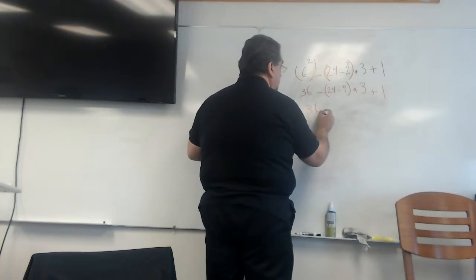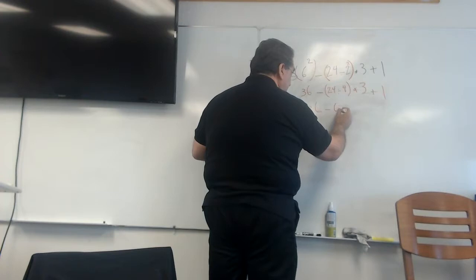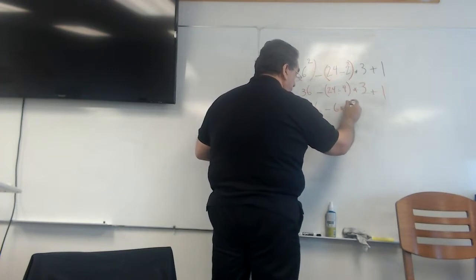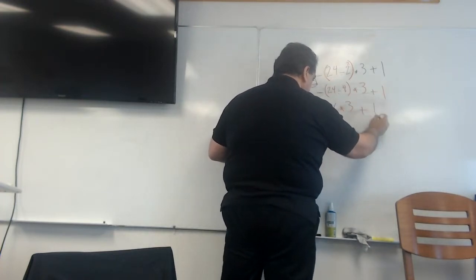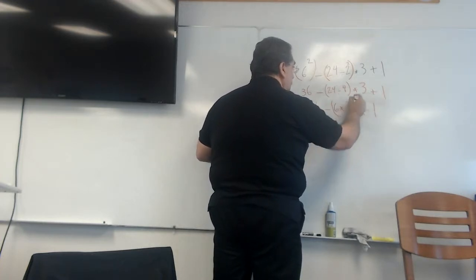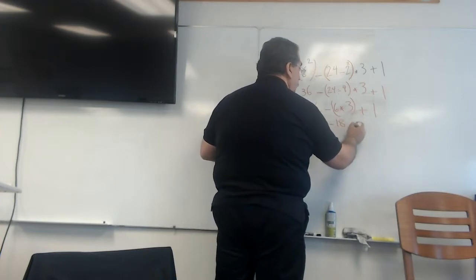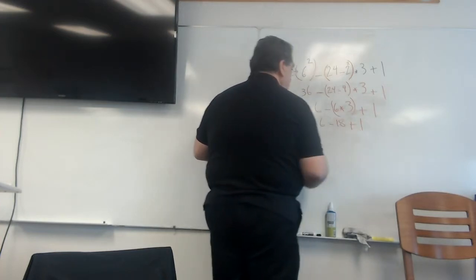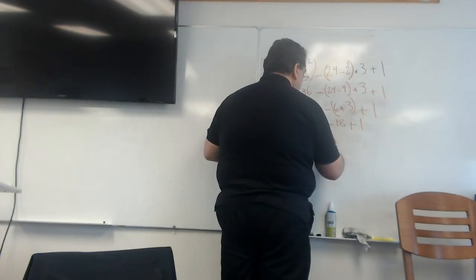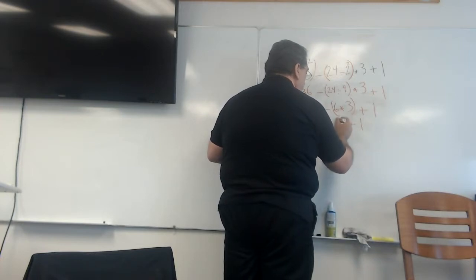So 36, now I do inside the parentheses, 24 divided by 4 is 6, times 3 plus 1. So I have 36 minus 6 times 3, 18, plus 1. This makes it easier if you put the parentheses here.